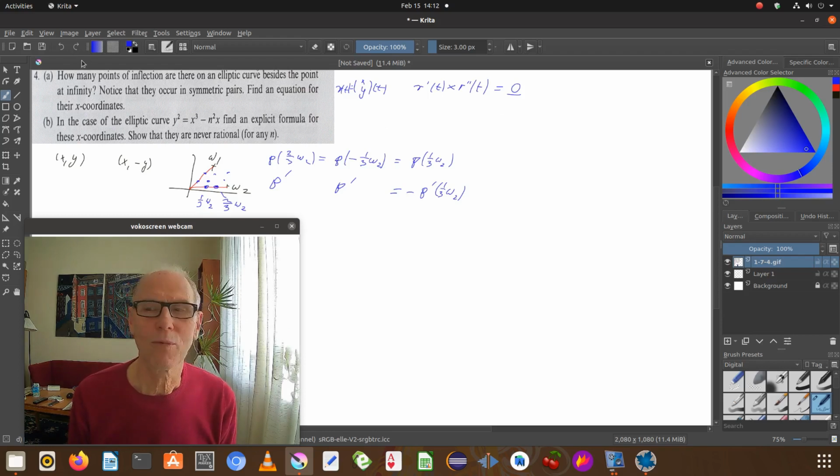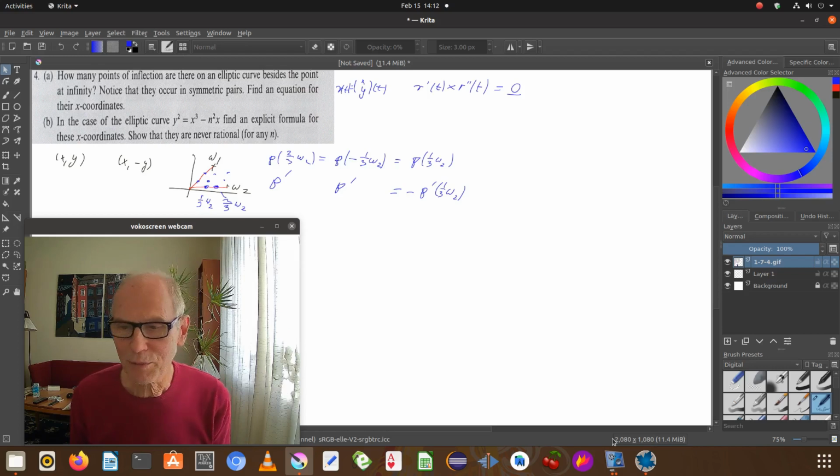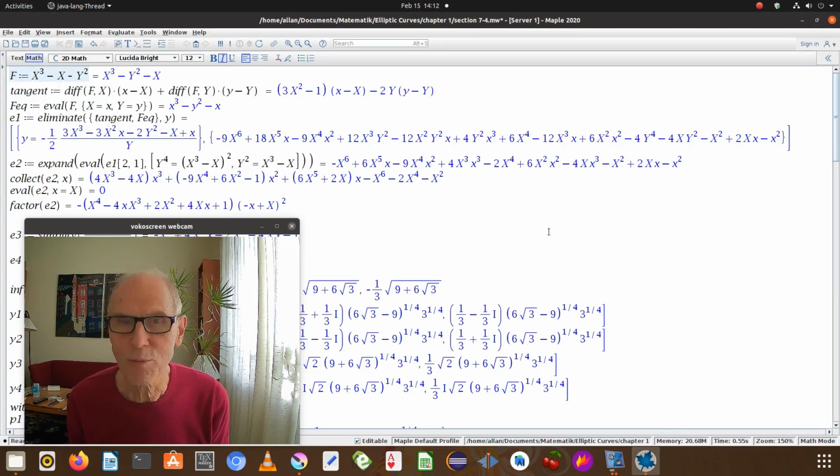So what I did instead was to say that we must have a point of inflection. So now, that came out totally wrong. We must have a point which has contact of order 3, not just any tangent, which has contact of order 2. So a point of inflection has contact of order 3. That was what I did this morning.